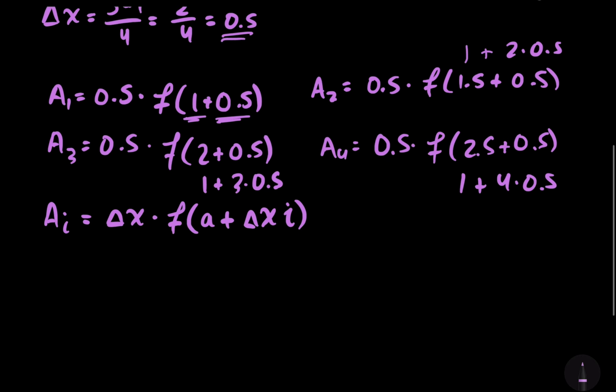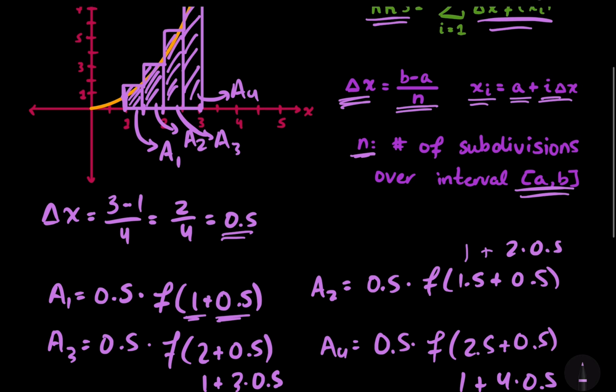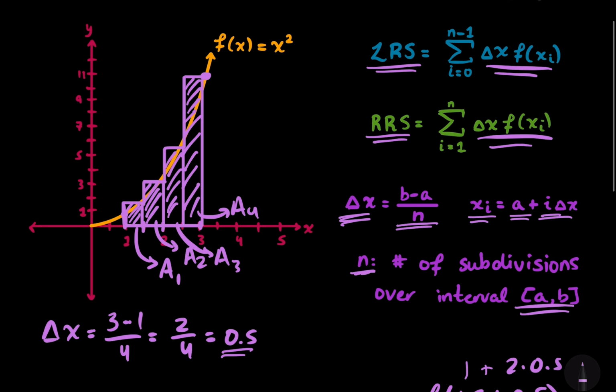So that is where we get this general formula. If we want to find the entire area, then we would sum it up. And I'll leave it to you to figure out why we have to use these different indices. I want you to think about where we're starting, whether we're starting at the left-hand side or at the right-hand side of each individual subinterval, and see why we end up with two different indices when we are dealing with a left Riemann sum and a right Riemann sum.